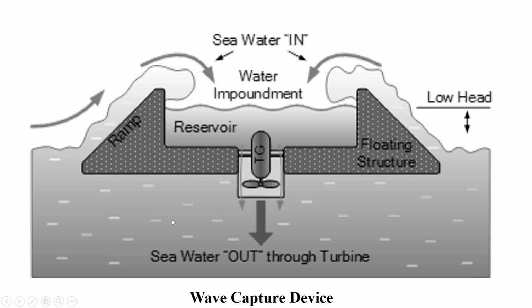Right? So what is a wave capture device? Again, here you see, we are going to construct a huge wall, which I'm calling a ramp. This ramp will obstruct the wind flow and change its direction, making it flow inside the reservoir. Now inside the reservoir I have some small amount of water, created because of the low head on this side.